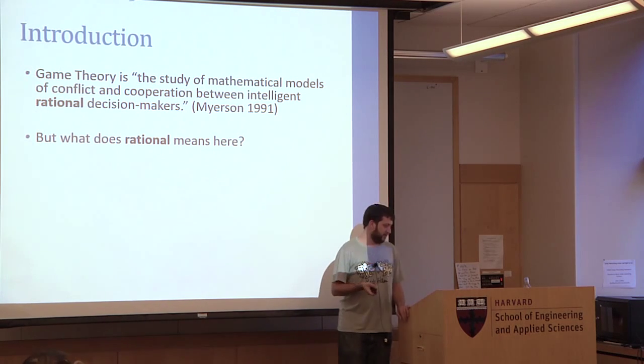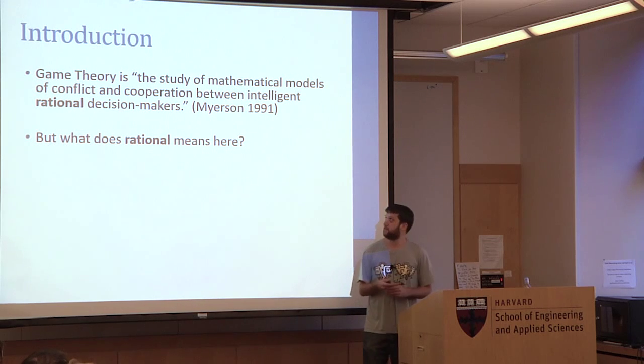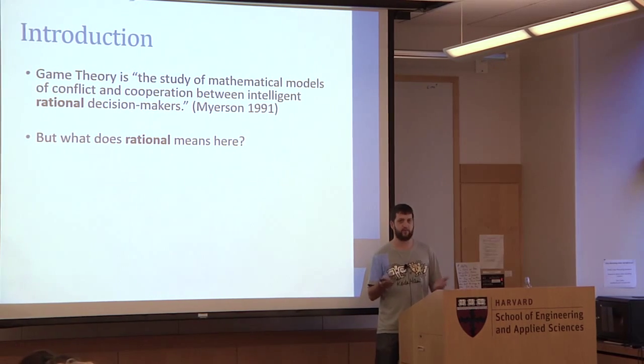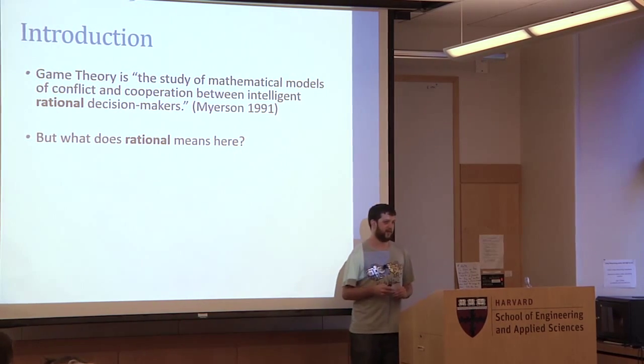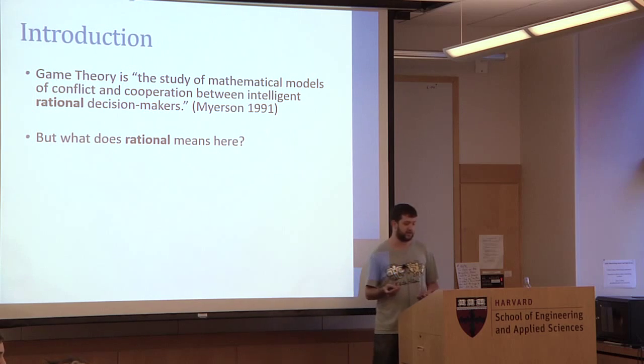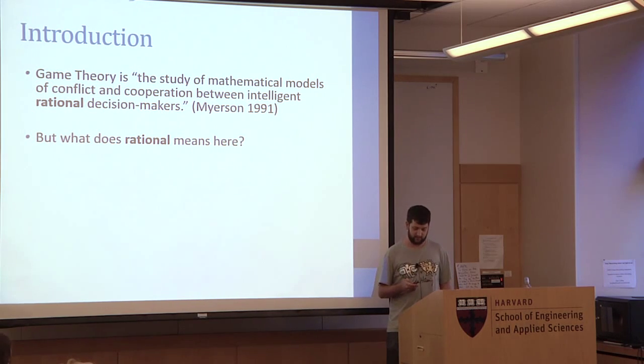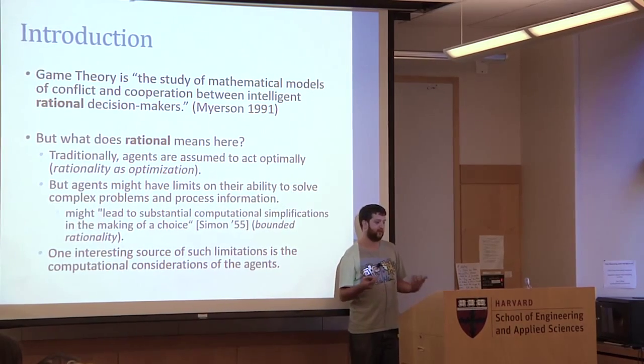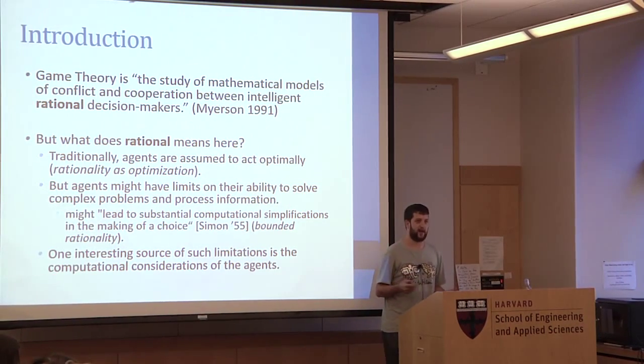Okay, so what do I mean? Game theory is traditionally defined as the study of models where rational agents cooperate or compete and have some goals. But what do we actually mean by rational here? Traditionally, the agents are assumed to be optimal. They act optimally.